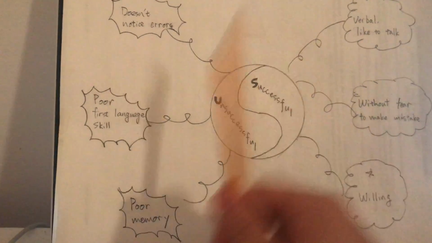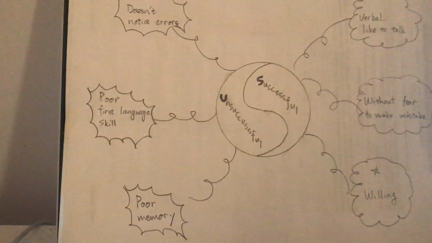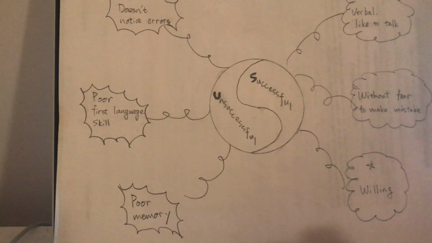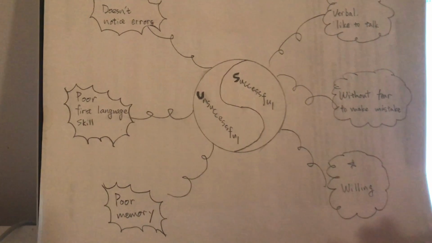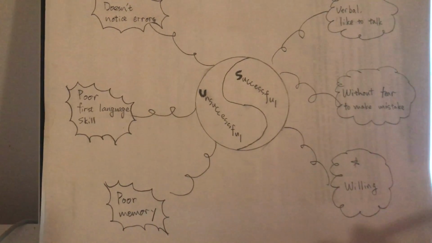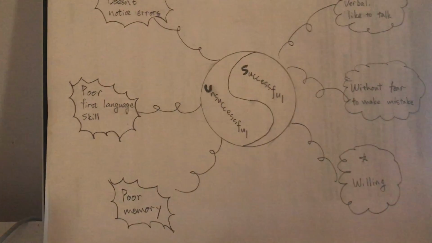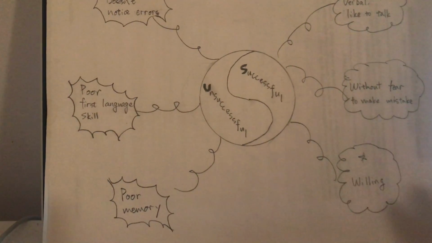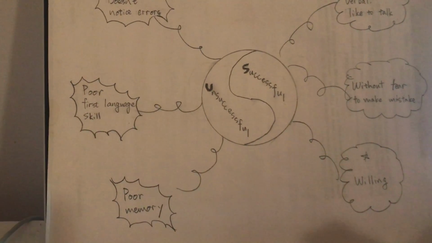And the second predictor is poor first language skills. So sometimes it is shameful that the student is not foolish and their language or learning disability is not very serious, but they still cannot be a successful student. Why? Because they have poor first language skill.